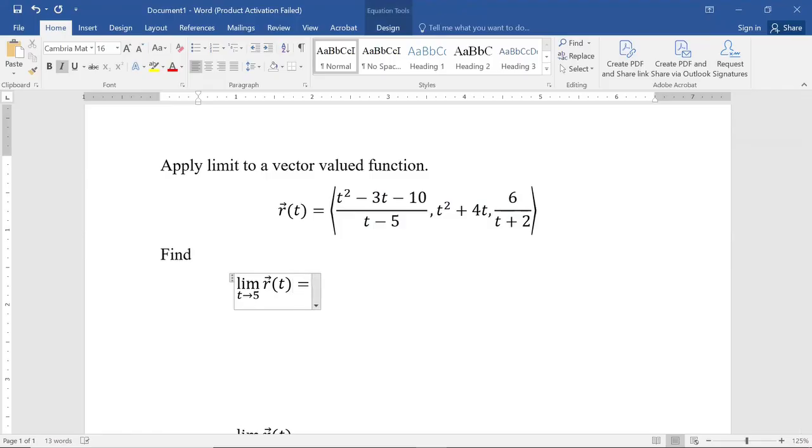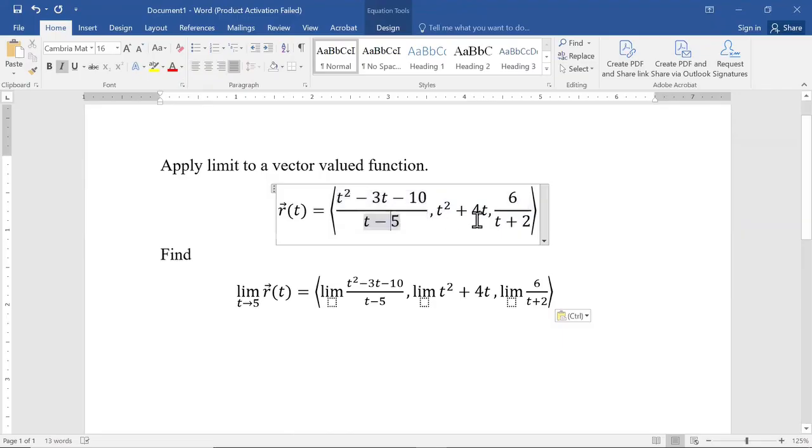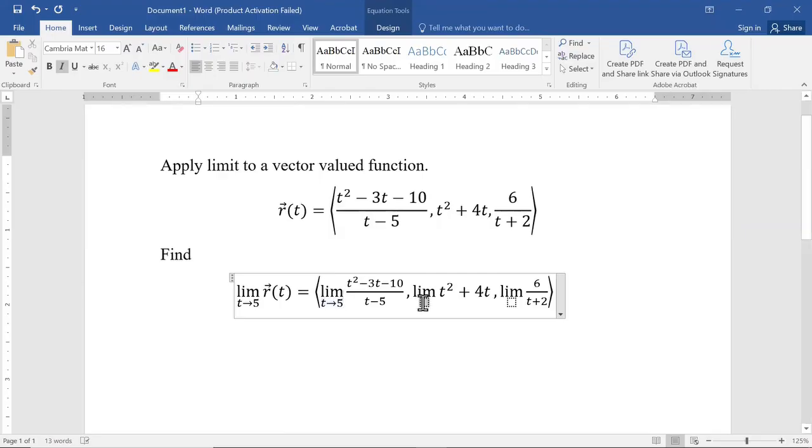So what I'm going to do is take the limit of each of these components as t gets closer to 5. So t, right arrow, 5. We'll do that in each of these, t going to 5. And then we'll do that over here too.